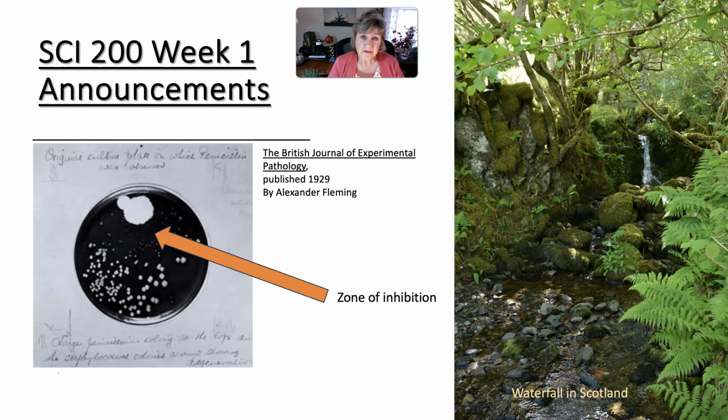It was particularly useful in World War II and prevented a tremendous amount of infections, and American soldiers who were wounded by shrapnel or who had surgery, their lives were saved because of penicillin. It was the first antibiotic that was truly used worldwide to treat bacterial infections.